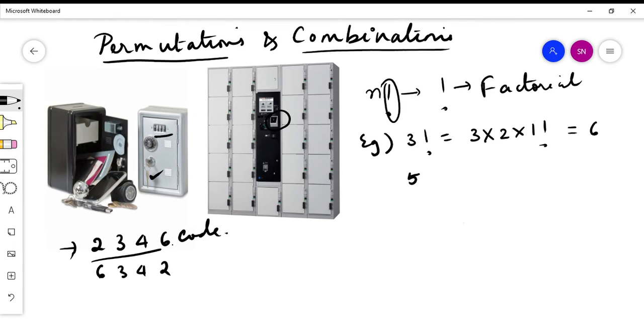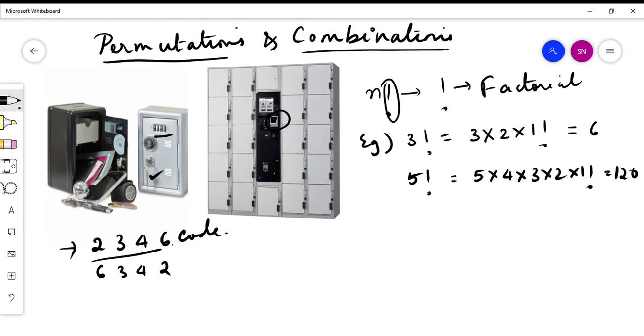Similarly, if I write 5 factorial, we go in decreasing order, correct? So 5 into 4 into 3 into 2 into 1 factorial, which is equal to 120. So here what is happening? I am multiplying numbers. But why am I multiplying numbers? To find the total number of arrangements.